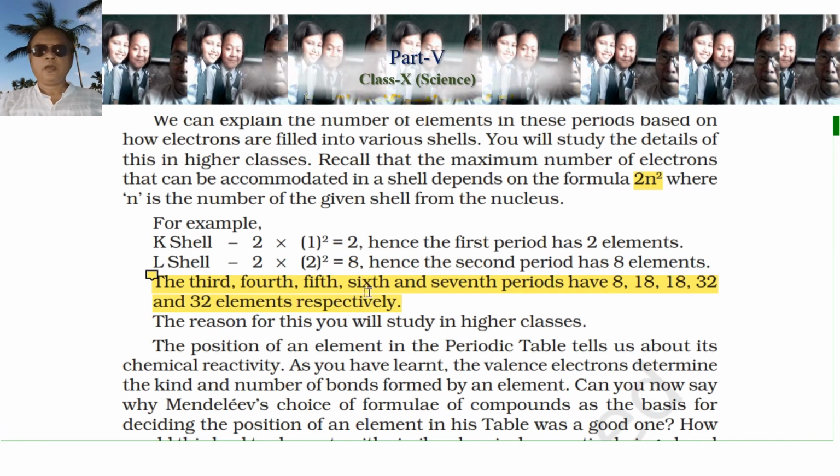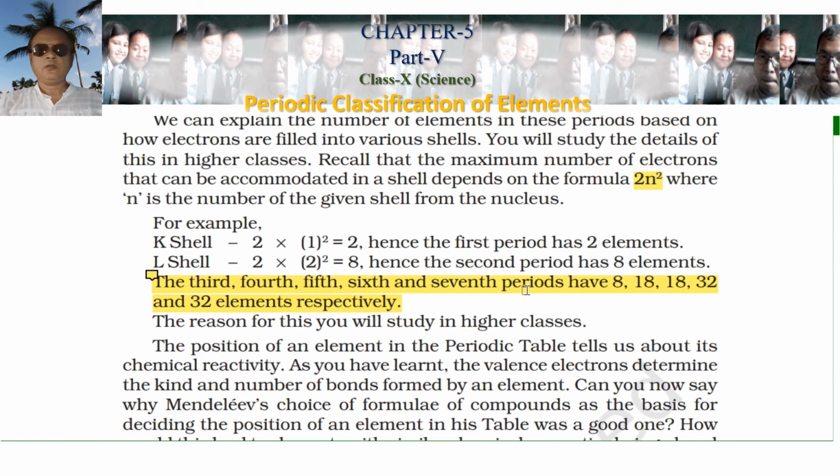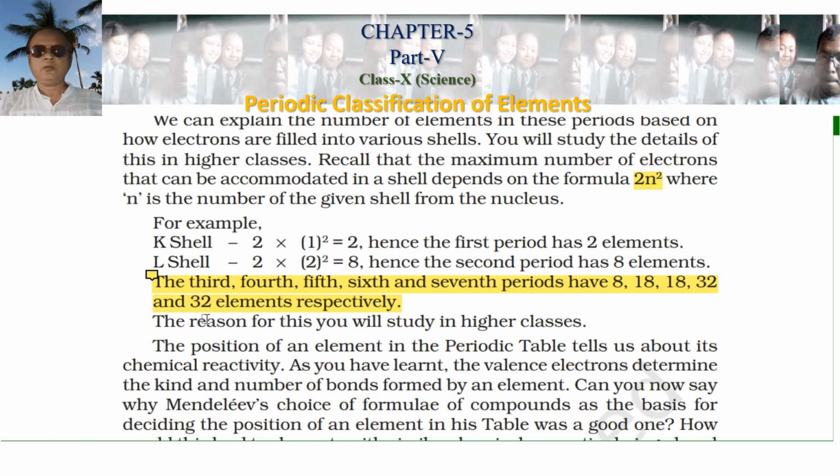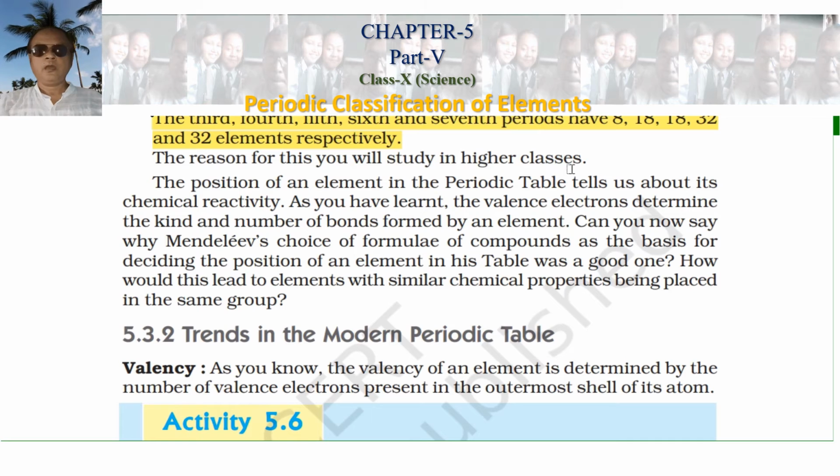The third and fourth, up to the seventh periods will have 8, 18, 32 and so on elements respectively. The reason for this you will study in the higher classes.